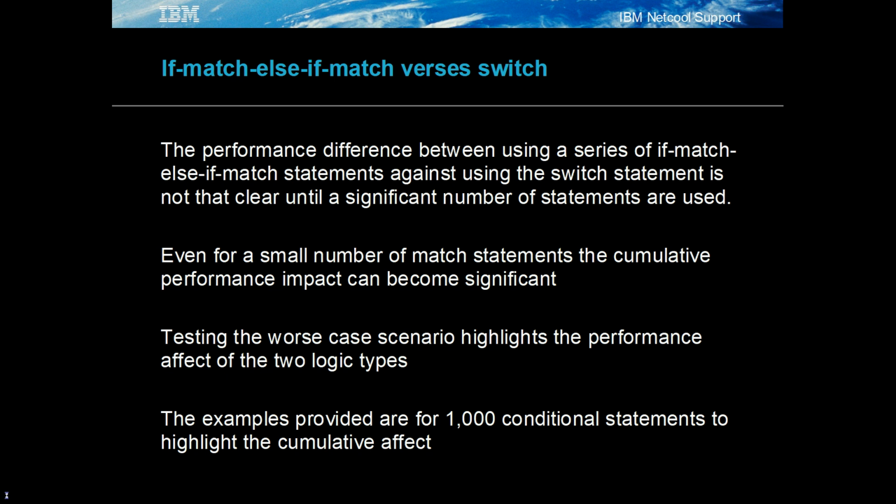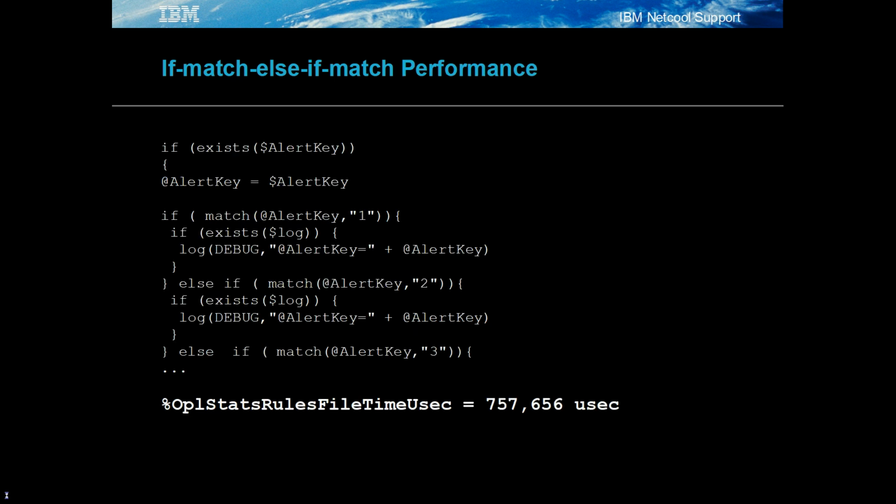When the probe rules need to be tuned due to high event loading, the cumulative performance improvement becomes noticeable. In this example, the rules file used 1,000 chained if-else-if statements. The total timing was 757,656 USECs.